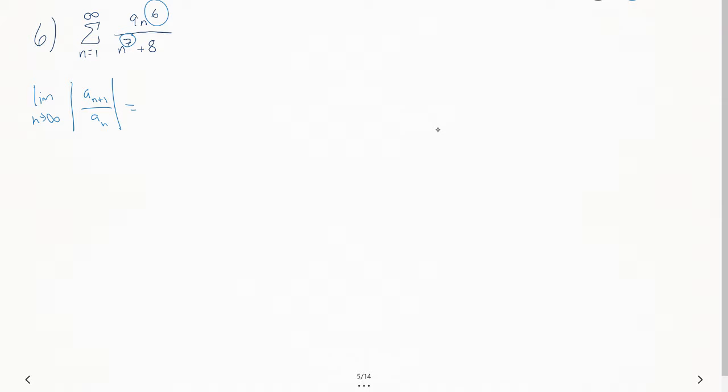If we did do a ratio test, a sub n equals 9n to the 6th over n to the 7th plus 8. Now I'm glad we're mentioning the ratio.